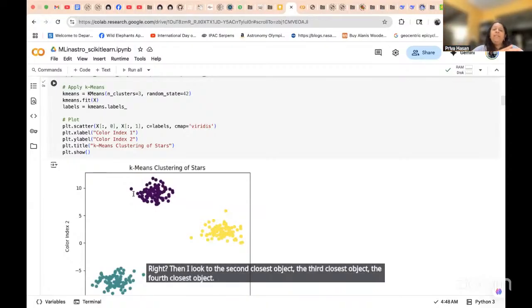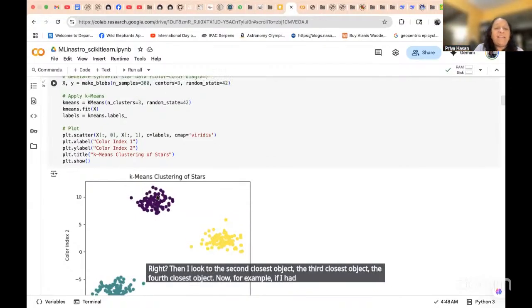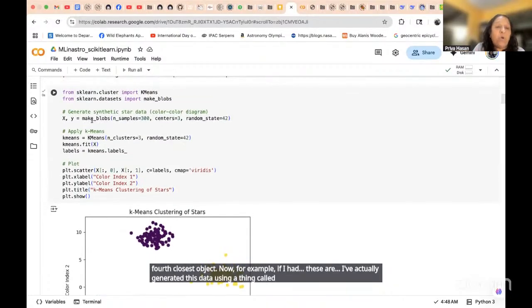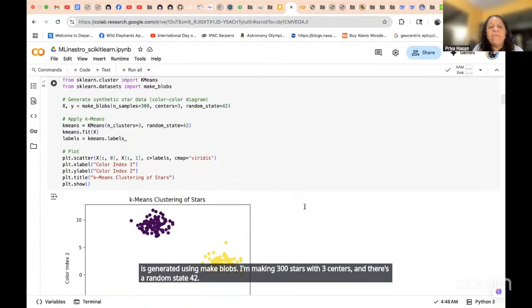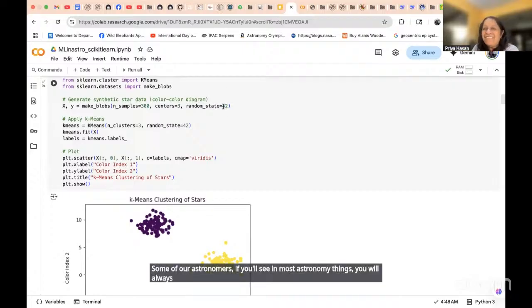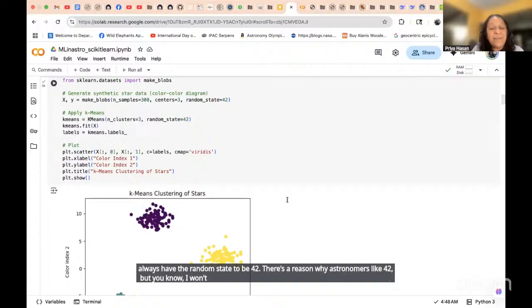I've generated this data using a function called make_blobs. You can see my X, y is generated using make_blobs. I'm making 300 stars with 3 centers and random state 42. In most astronomy code, you will always have the random state be 42. There's a reason why astronomers like 42, but I won't tell you about that today.